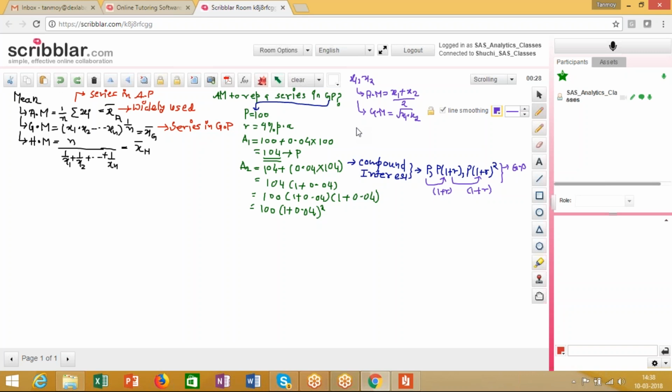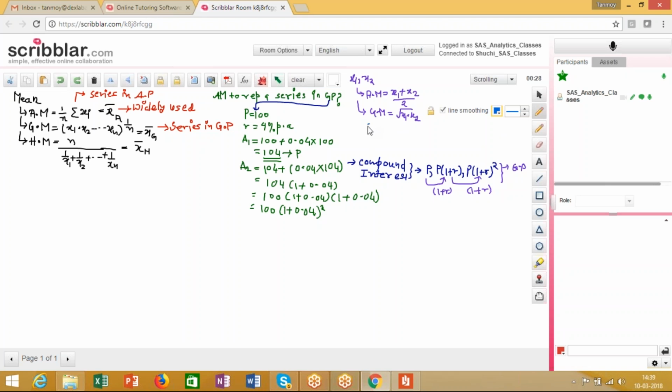So if I am using geometric mean in a series which is a geometric progression, then it means that using arithmetic mean will give me a different value. That is why I don't want to use it. So that is what I'm going to check: are arithmetic mean and geometric mean different in terms of their values?